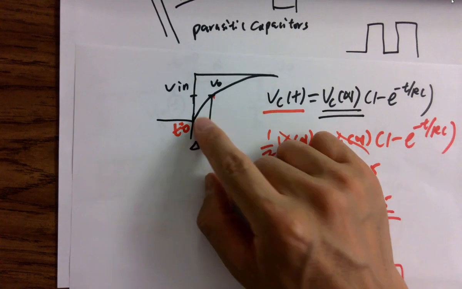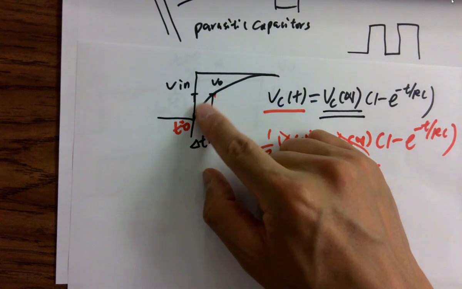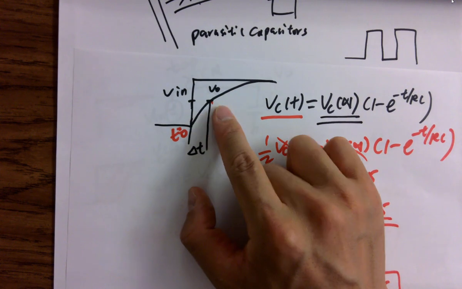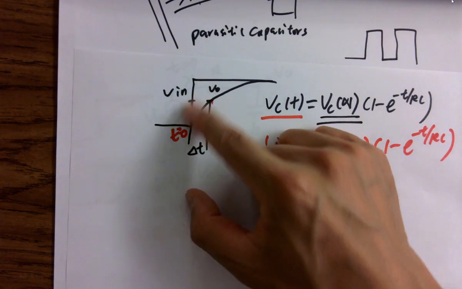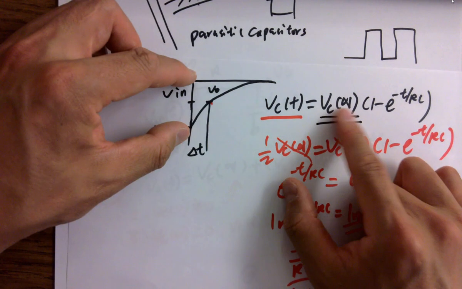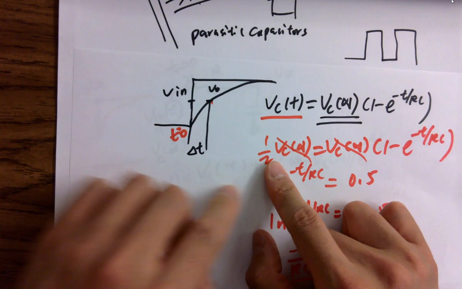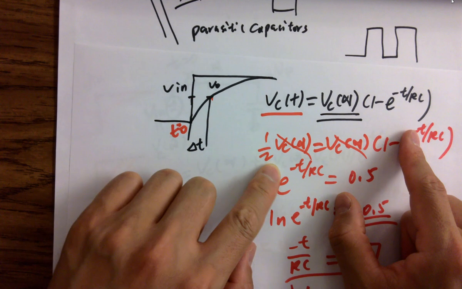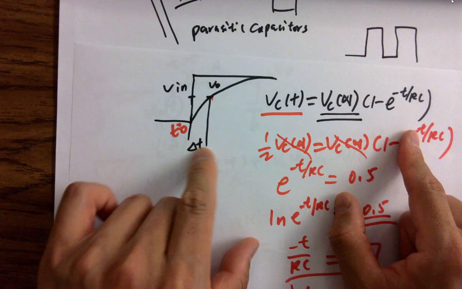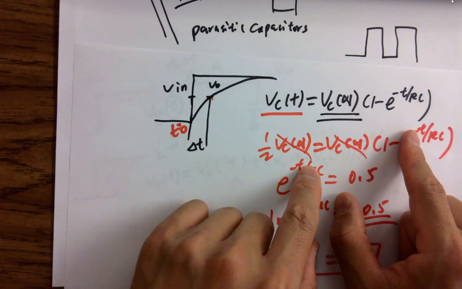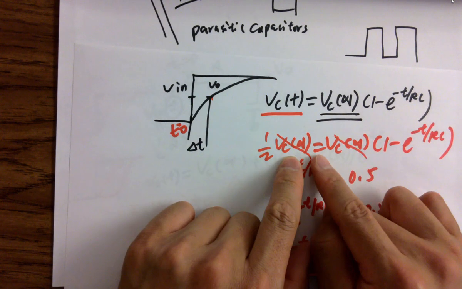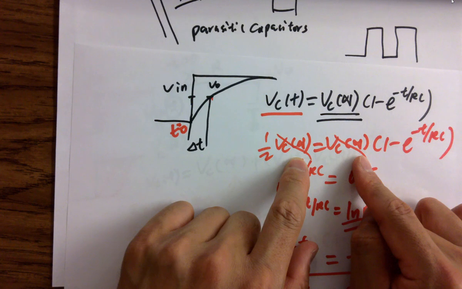So VC(t) is the output. It's changing over time. So whenever this reaches 0.5 of the whole level of the entire input, we write it down here, and the t at this point minus 0 will be delta t. And we want to write it that way because we can cancel this on both sides of the equation.